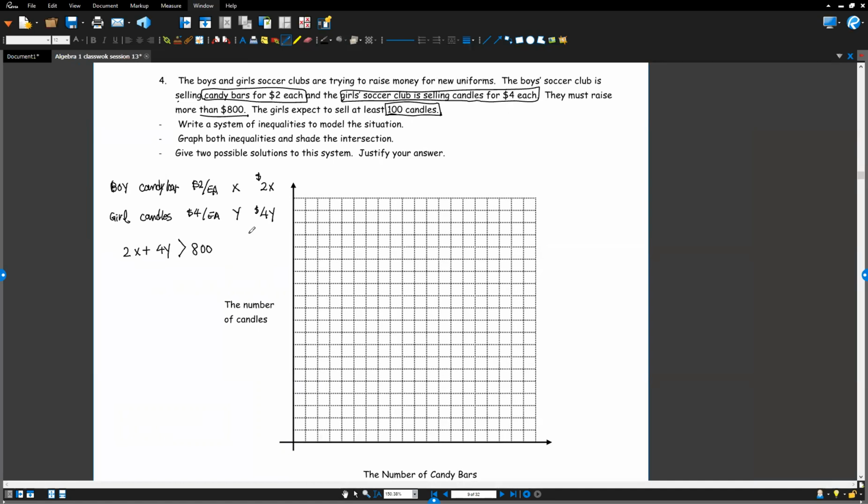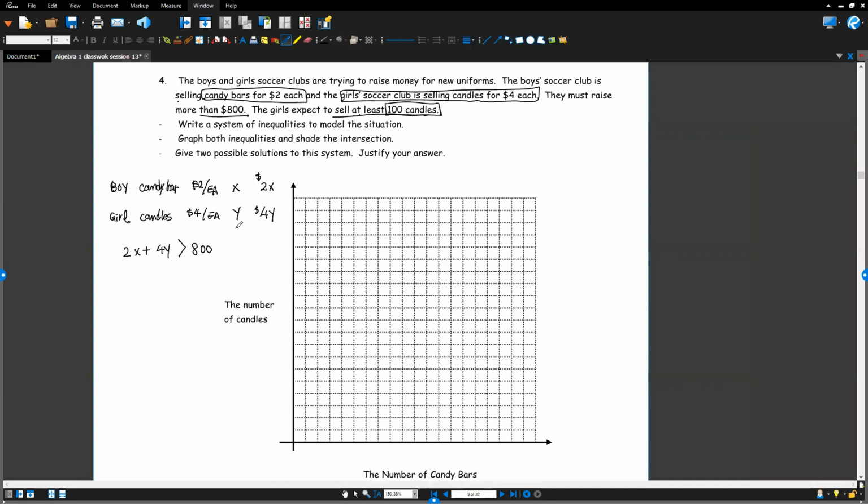The second one: the number of candy bars X and the number of candles Y cannot be negative, right? We're going to write this out later. And the next one: the girls must sell at least 100.